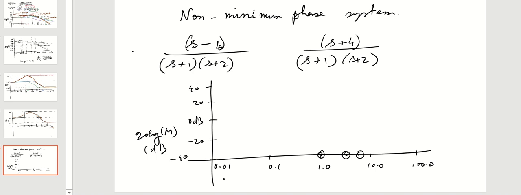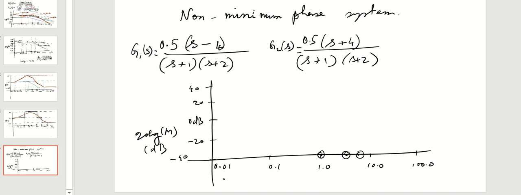So if you take both of these, this is G1(s) and this is G2(s), and if you just write it down as such, maybe I'll just adjust the gain so that magnitude is taken care of. It's just a factor.